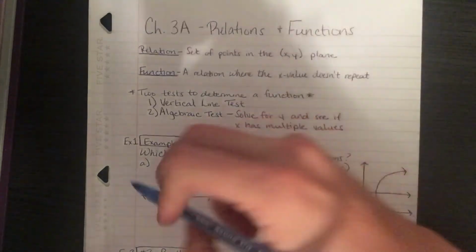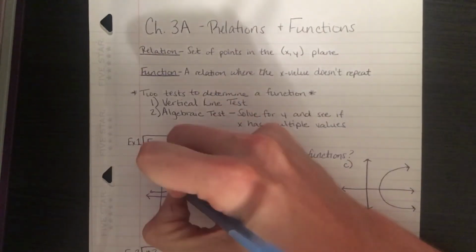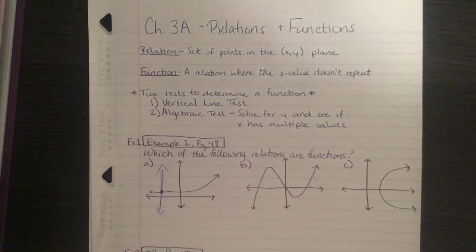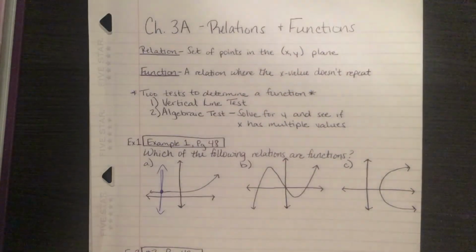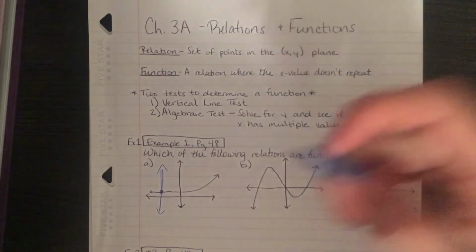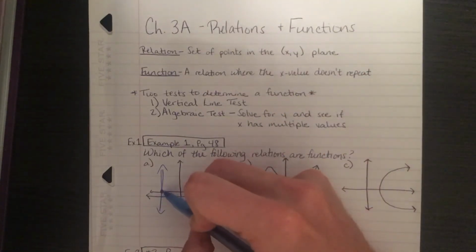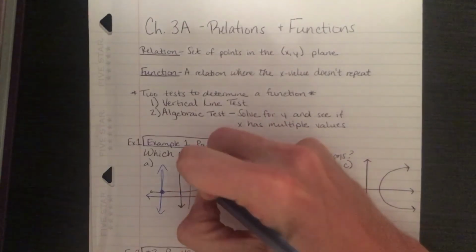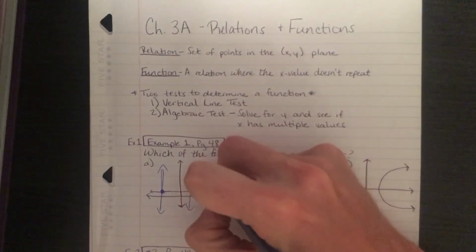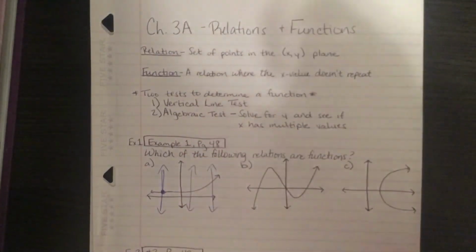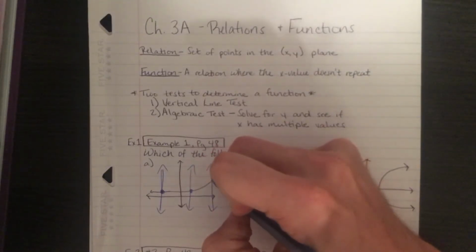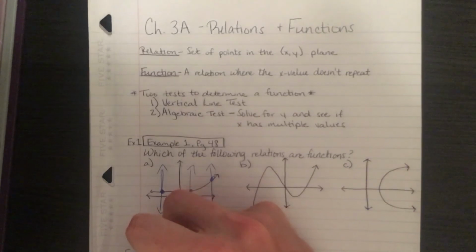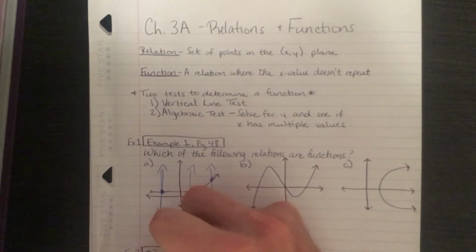If I drew a vertical line here, it should only cross your relation at one point. And if it does, it is a function because this one x value only has one y value. You could draw a vertical line anywhere on it, and if it only crosses in one point, then we say, okay, this is a function. So this would be a function right here.